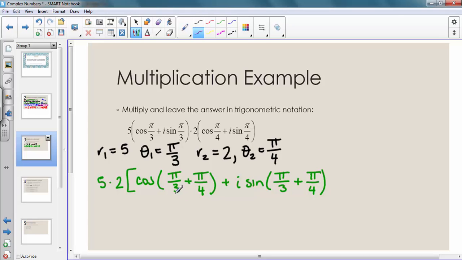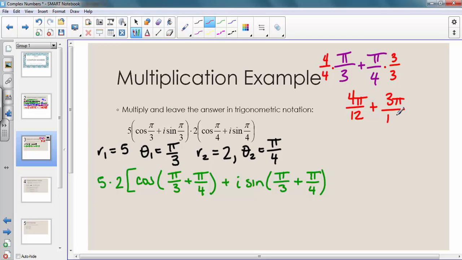So since we do not have a common denominator, we cannot add these two fractions together. So I'm going to come over here and get my common denominator. My common denominator is going to be 12. So I'm going to multiply both the numerator and the denominator by 4, and then multiply the numerator and denominator on this one by 3, and I'm going to get 4 pi over 12 plus 3 pi over 12, and that's going to give me 7 pi over 12.